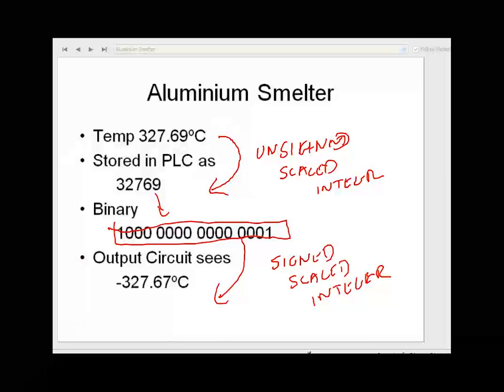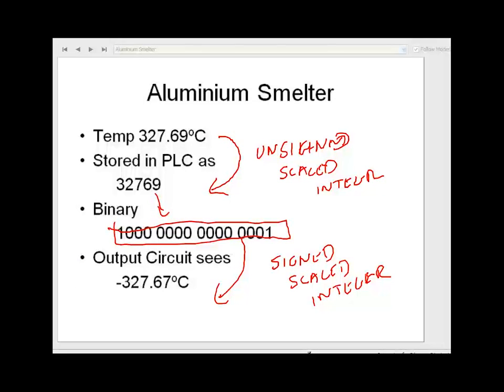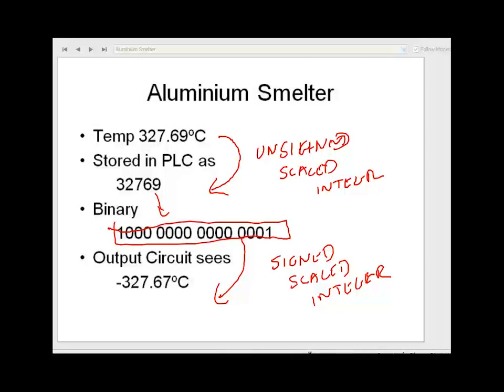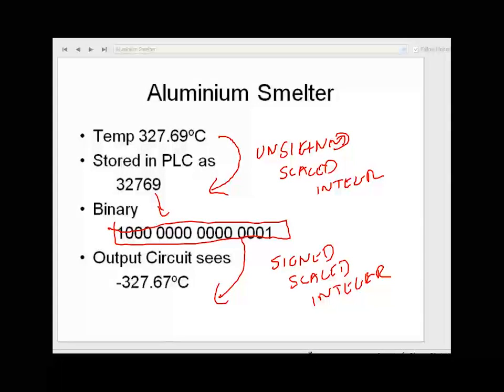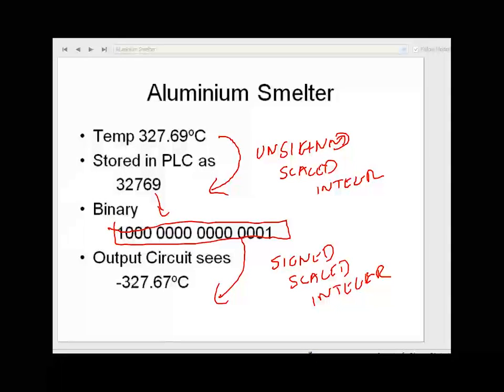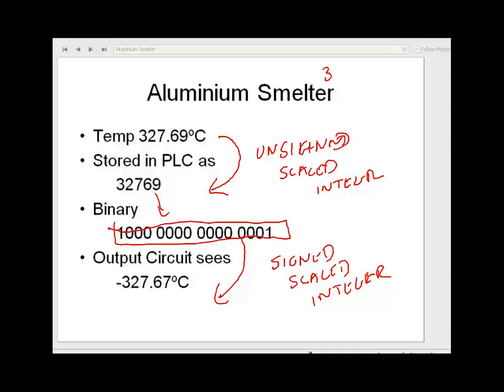So this is the sort of thing that can happen on a PLC control system. The PLC is supposed to keep track of whether a number is unsigned or signed, but sometimes it gets screwed up. Sometimes things mess up. Basically, remember the magic number, 32767, plus or minus.